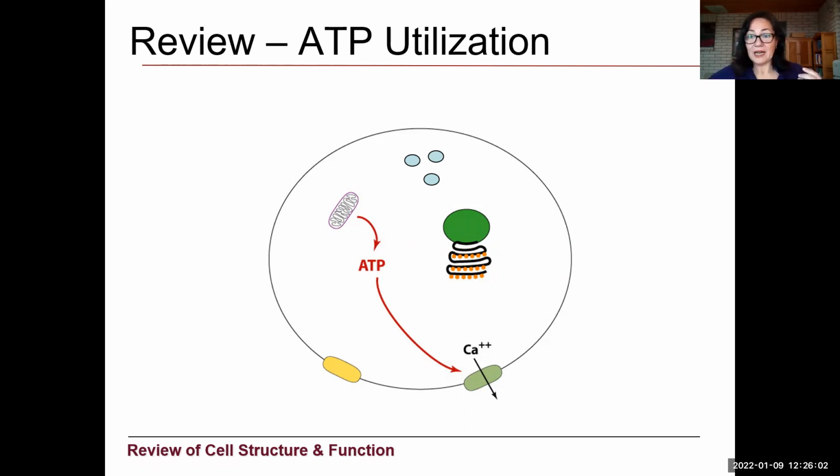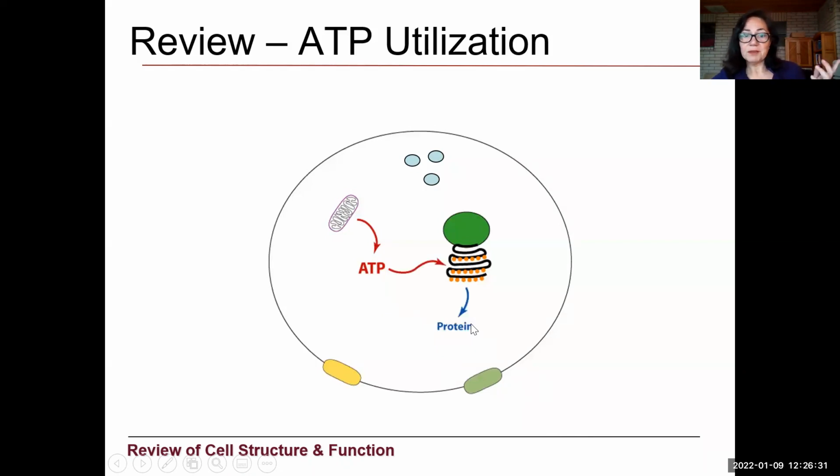It gets pumped out. And in general, having too much calcium, even in muscle cells, is detrimental to the cell. And so it's really important that these calcium ion pumps be functional and be able to empty the cell of large amounts of calcium. And again, in class, we'll talk about what the consequences are when we don't have enough ATP to pay for this.